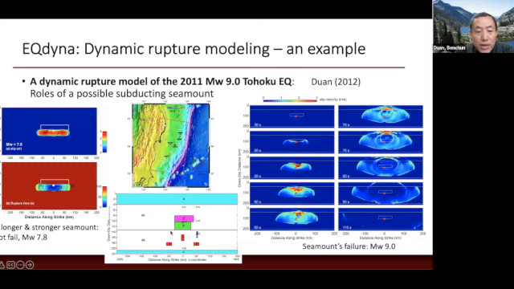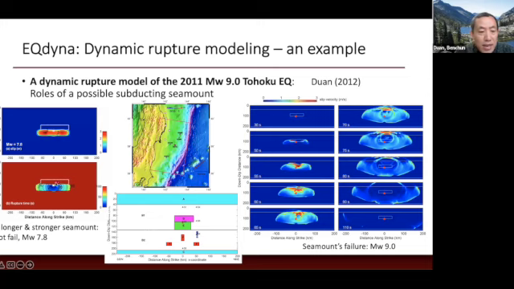And the model shown here mainly tries to explore a possible subducting seamount effect, labeled by D, and nucleation happened at E, this block. In this preferred model, rupture really can start beneath the seamount and propagate laterally first, and gradually circulate around the seamount, finally break the seamount and make the rupture reach the trench.